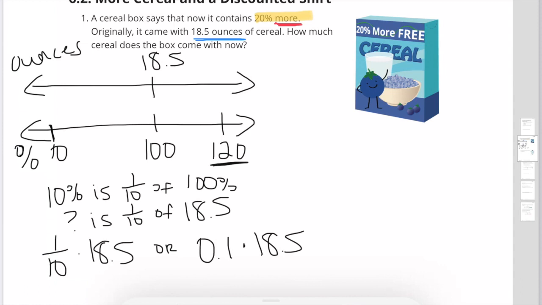If I'm looking for a tenth of something, I can just move my decimal one place. If it's 1/10 of it, I know it's got to be less, so I move it one place. So I know that 10% of 18.5 is 1.85.